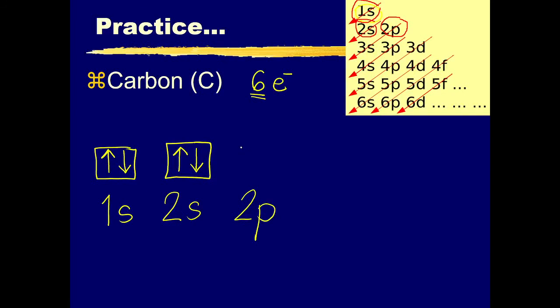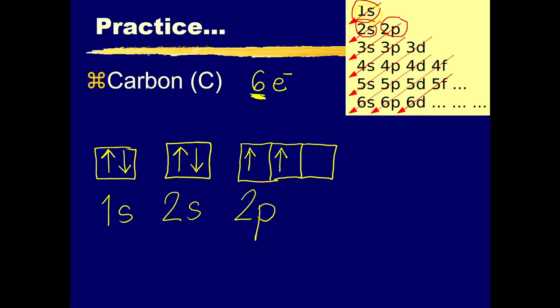How many boxes will I draw? Three, because it's a p subshell. Then, how many electrons are missing to make it 6? We have 1, 2, 3, 4. We need 2 more. So meaning, arrow up, arrow up.